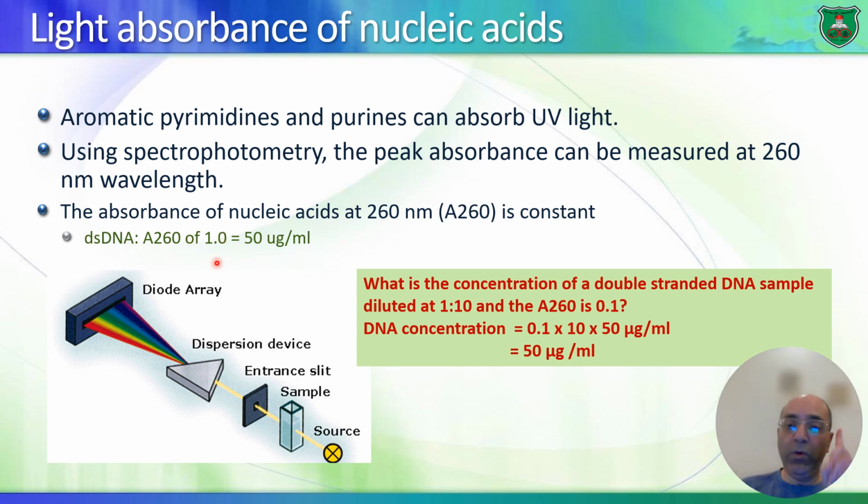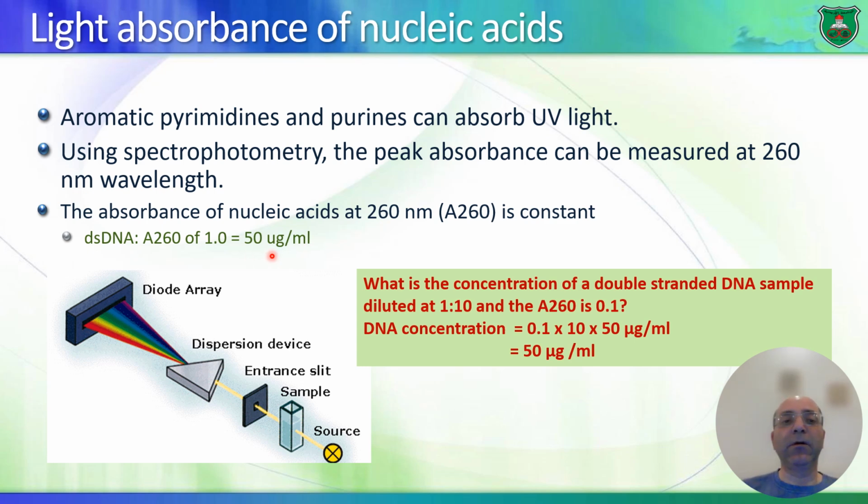So again, 1 unit of UV light would be absorbed by DNA that has a concentration of 50 micrograms per ml. So the question is, what if the DNA sample contains a concentration of 25 micrograms per ml?